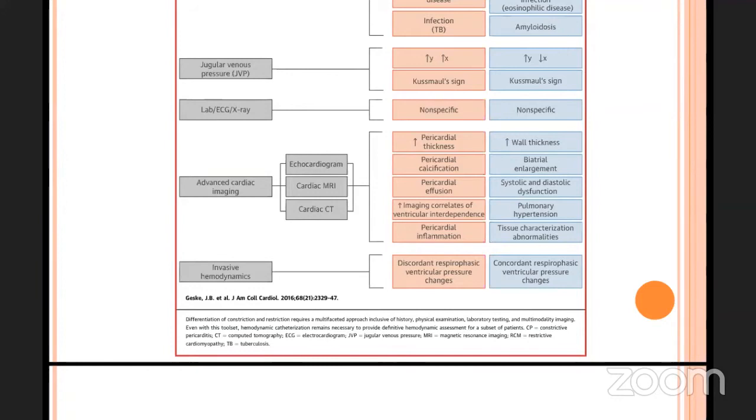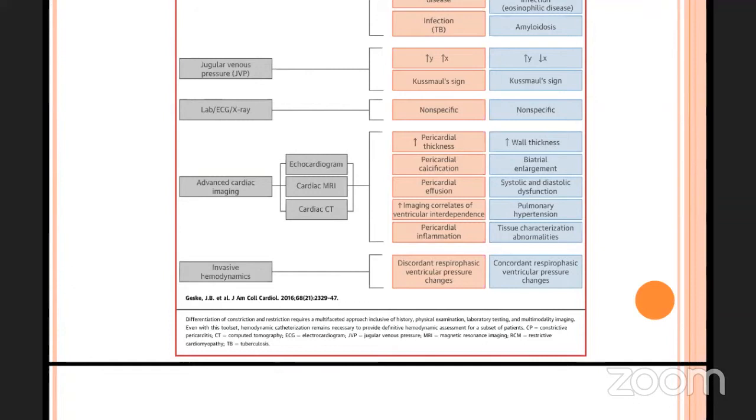I'll tell you. Normally, when you inspire, it takes about 3 cardiac cycles for the splitting of the second heart sound to manifest. Whereas in constrictive pericarditis, the split of the second heart sound occurs within the first cardiac cycle of inspiration. This is basically because of exaggerated ventricular interaction. It is not widely split.